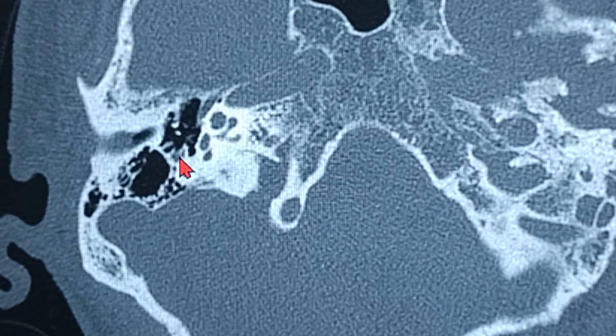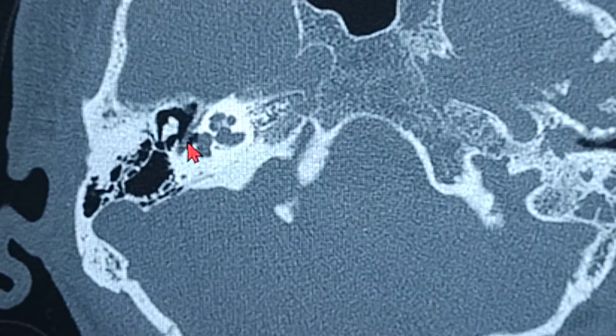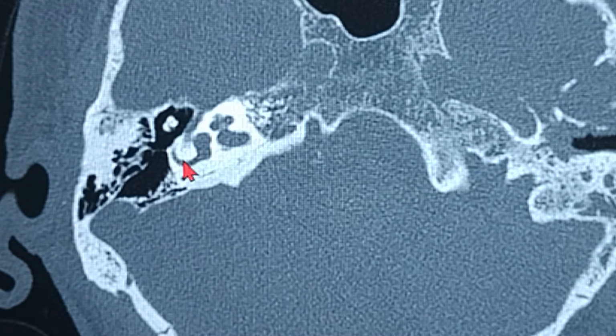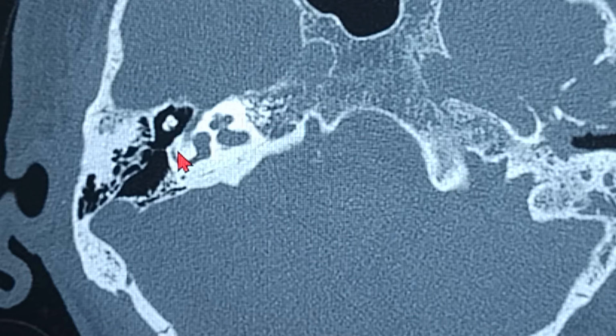Then as we keep on going up, follow my cursor, that's the facial nerve. Now you can see that's the horizontal tympanic segment over here. Then if I keep on going up, see, that's the lateral semicircular canal. We all know that the facial nerve runs below the lateral semicircular canal.